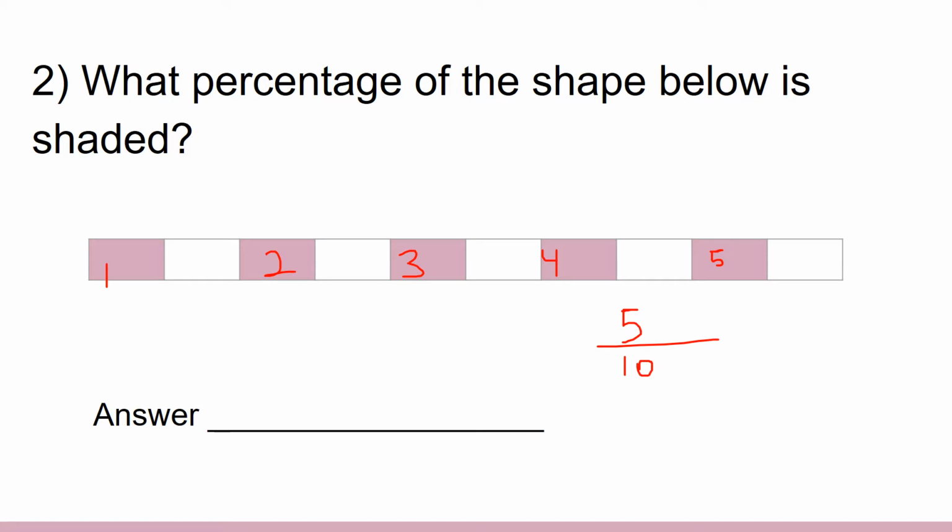They ask us for the percent, so we need to multiply by 100. 10 into 10, 1, and 10 can go into 100 10 times. 5 by 10 is 50. So we are getting 50% of this shape is shaded.